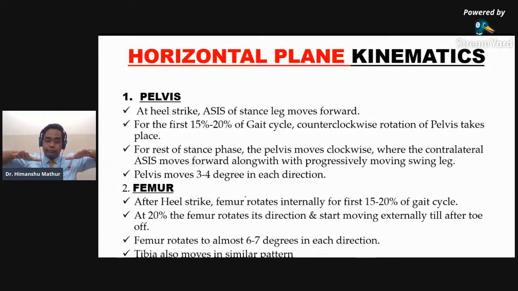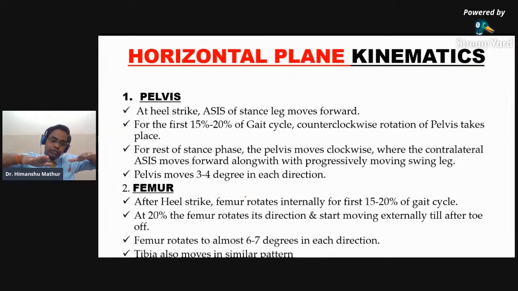If I am talking about the heel strike of the right side, and the right side is the stance side, then at the heel strike my ASIS will go a little forward. For the first 15 to 20% of the gait cycle, there will be counterclockwise rotation of the pelvis, so the ASIS of the right side will move anteriorly.